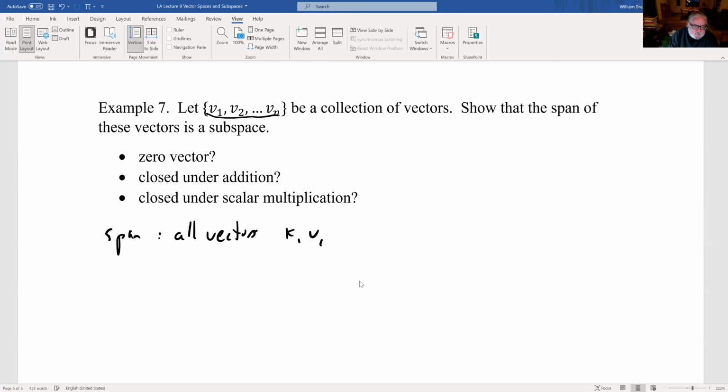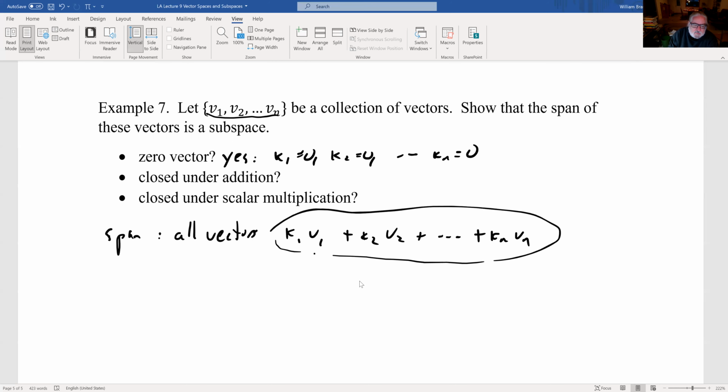So it's all vectors of the form k1 v1 plus k2 v2 plus ... plus kn vn. Zero vector, yes, just set all the k's to 0 and get the zero vector.